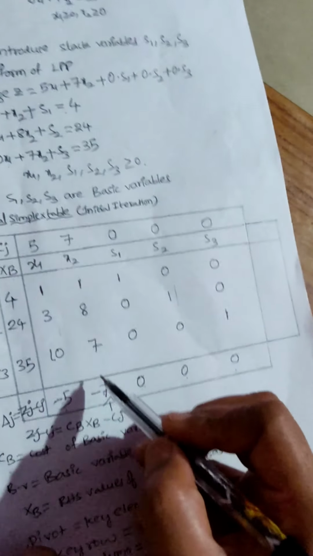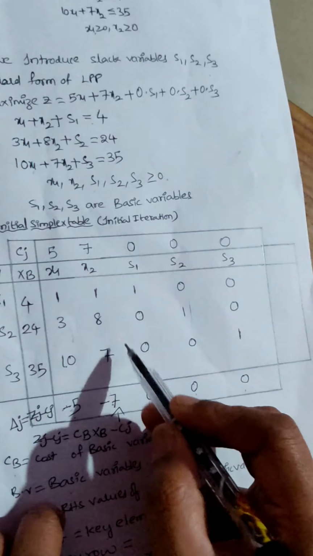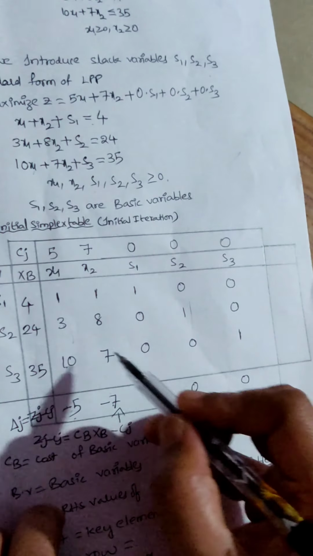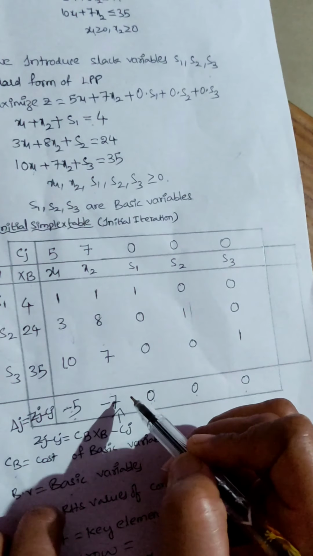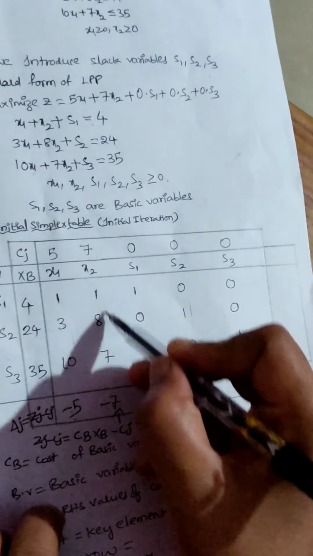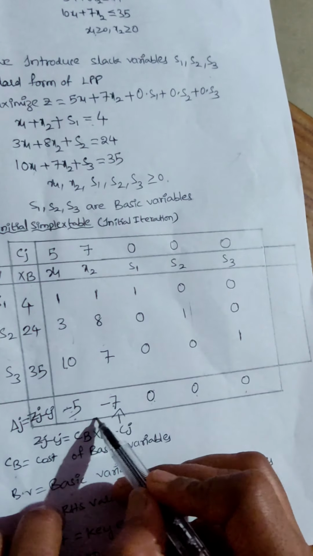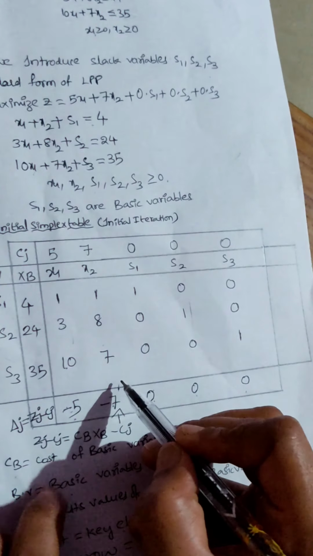Here from this table we have to find the key element. For finding the key element we have to know what is the key row and key column, and the intersection of the key column and key row is known as the key element. Here we know the key column by selecting the most negative value from the net evaluations. This x2 is the key column.